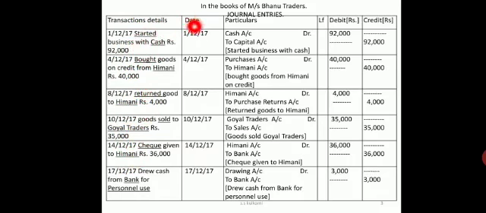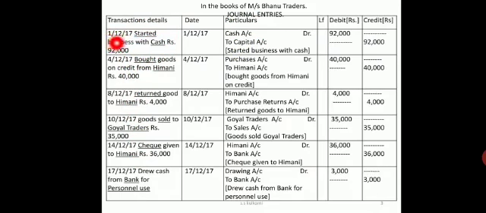The actual journal starts from date, particulars, ledger folio, debit and credit. Only this part is the journal. The transaction which I have given is just for reference to see how the transactions are being passed.